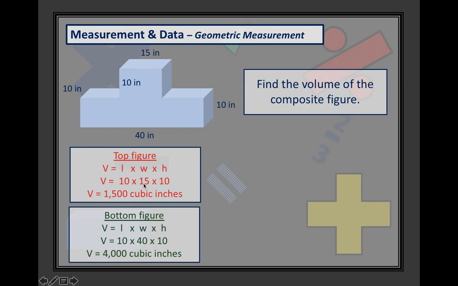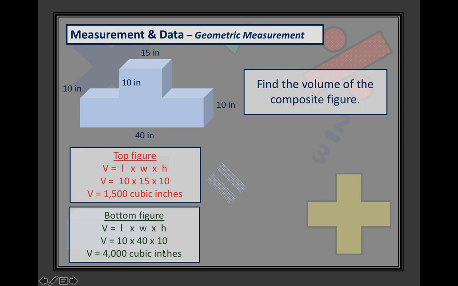I don't want to confuse this information. I again start with the volume formula of length times width times height. When I plug in length of 10, width of 40, and height of 10, 10 times 40 is 400. 400 times 10 is 4,000. Because it's volume, it's cubic, and because we're dealing with inches, it's inches. So I've got 4,000 cubic inches for that bottom figure.